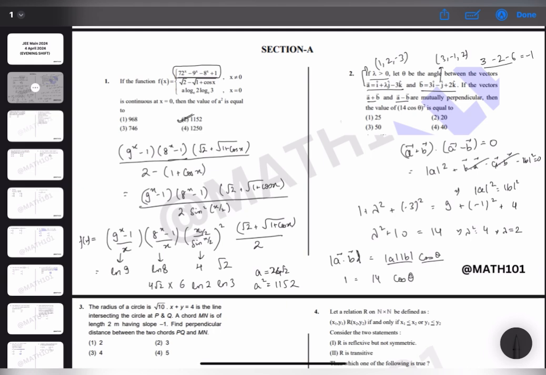Three minus 2 minus 6 is minus 5. So A dot B is equal to 5, 14 cos theta, which implies the answer is 25.